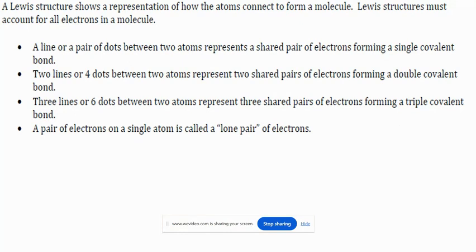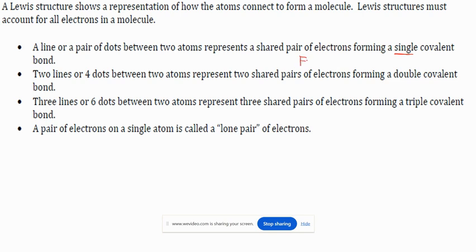Okay. So for a Lewis structure, the atoms you're going to connect to form a molecule. A line or a pair of dots represents a single covalent bond. 2 lines or 4 dots are going to indicate a shared pair of electrons.